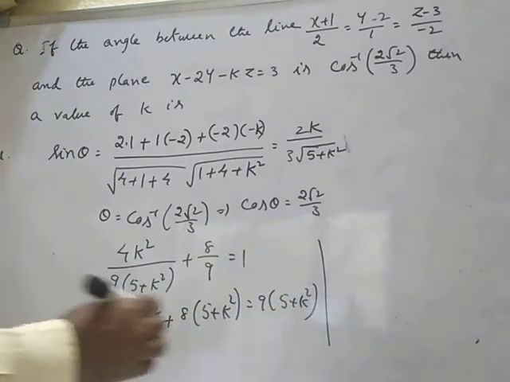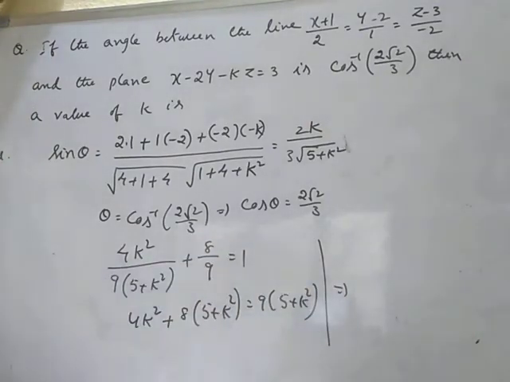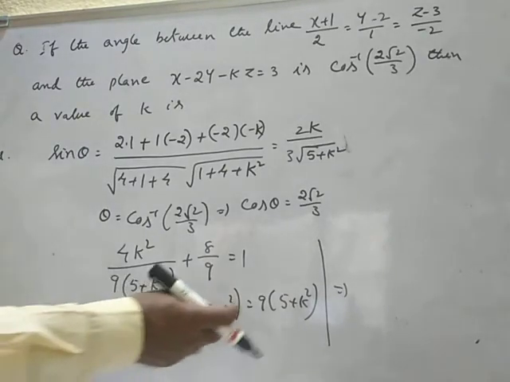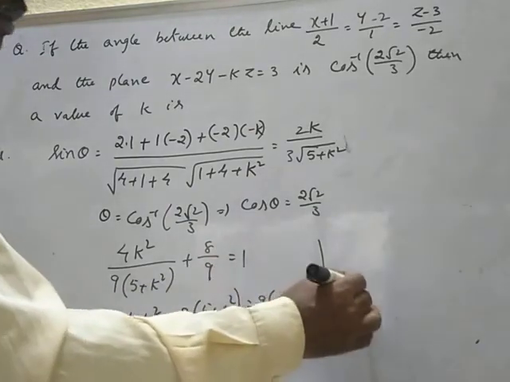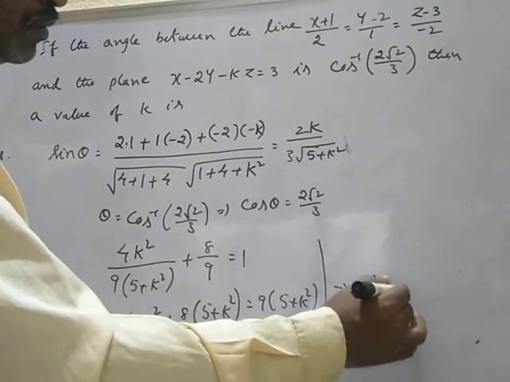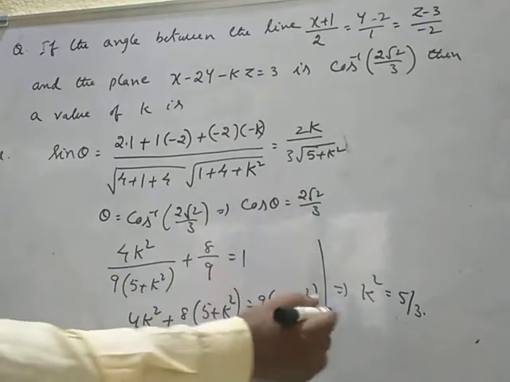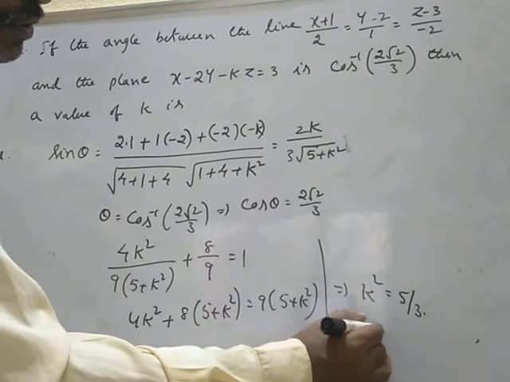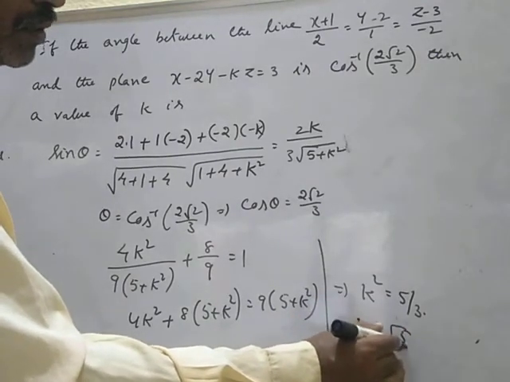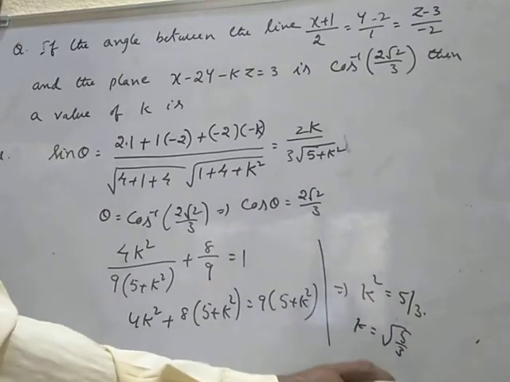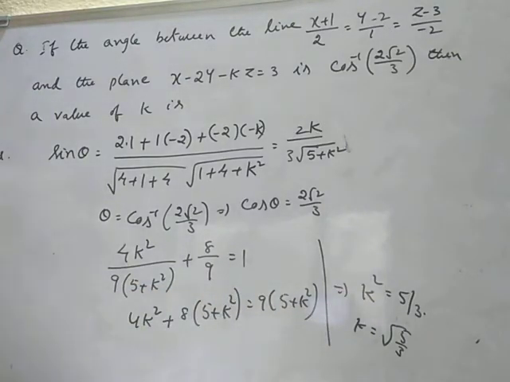By simplifying this one, we get k square is equal to 5 by 3. So k is equal to root of 5 by 3.